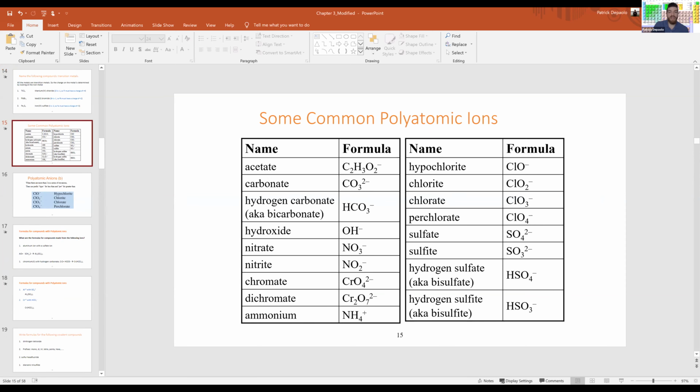If you have nitrate, NO3, it's -1. So that means its acid is going to be HNO3, because it's +1 for the hydrogen, -1 for the anion. So it's based on just the charges. Sulfate and sulfite are going to be H2SO4 and H2SO3 respectively. There are other ones, such as phosphate, which is not here. I don't know why phosphate's not here. It's important.